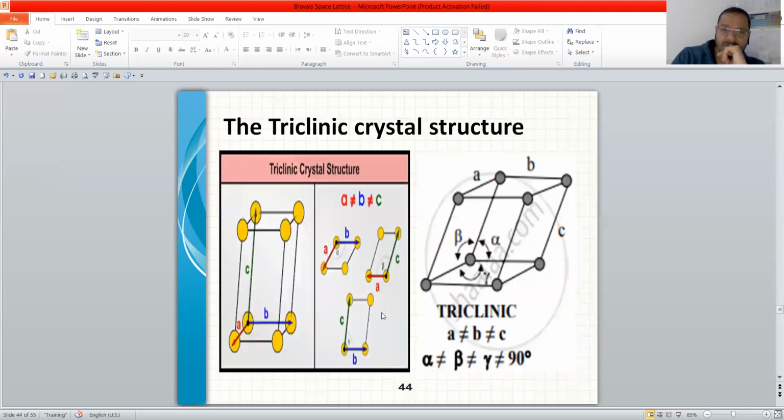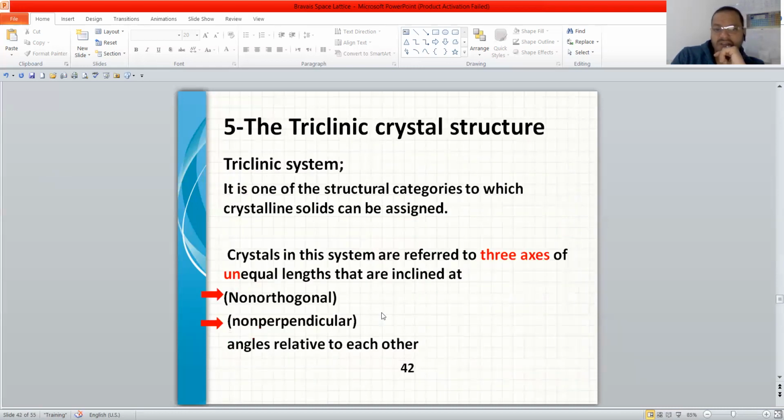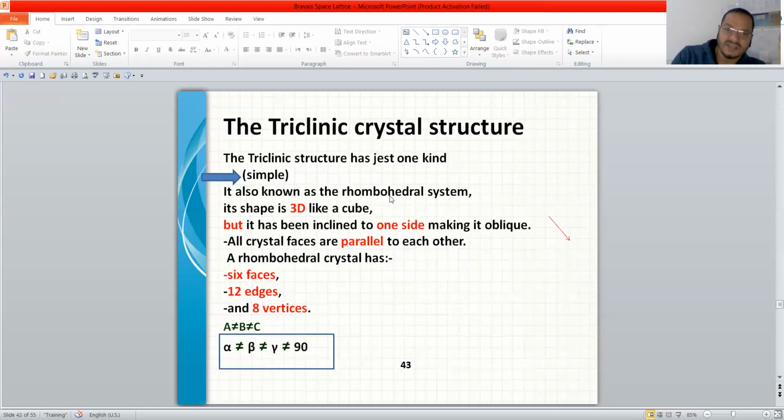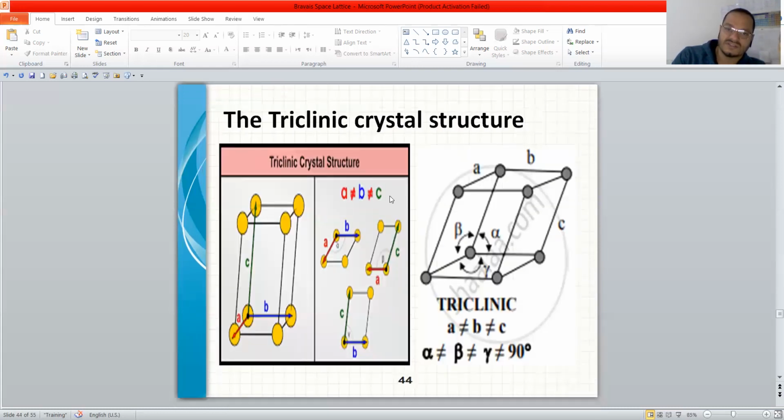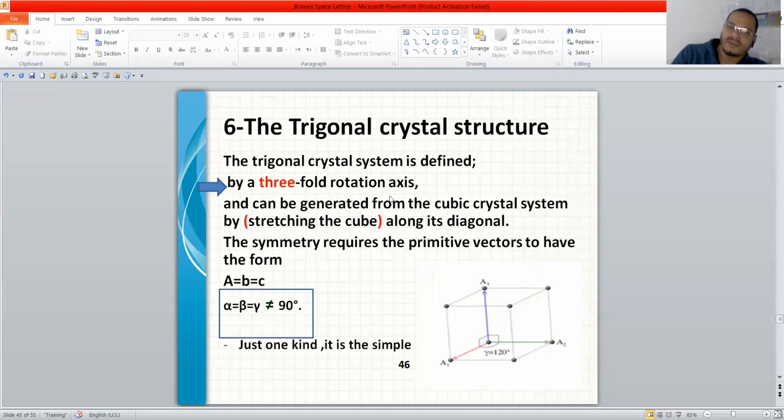It shares the same similarity with triclinic. Triclinic has just one kind, the simple triclinic crystal structure. Here the situation is the same. At the trigonal, we just have the simple trigonal crystal structure.